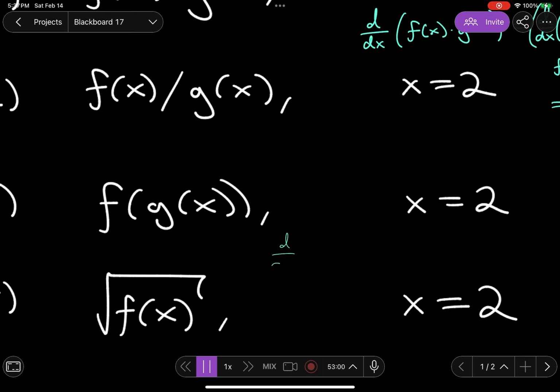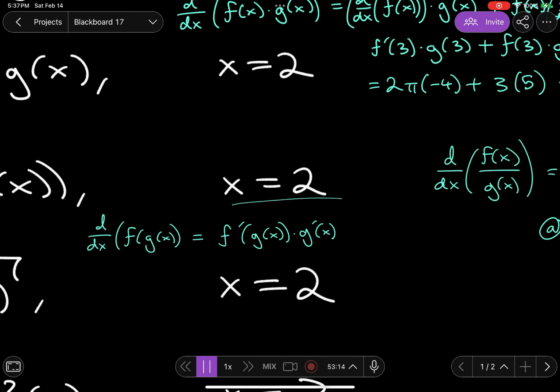The derivative with respect to x of f of g of x is going to be the same thing as f prime of g of x times g prime of x. In other words, we want x equals 2. What we need is f prime of g of 2 times g prime of 2.